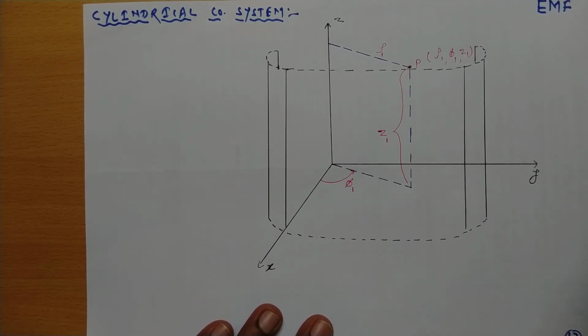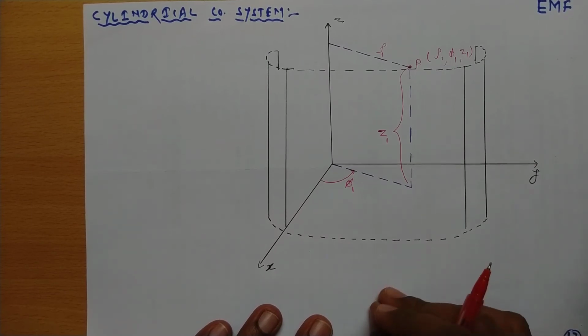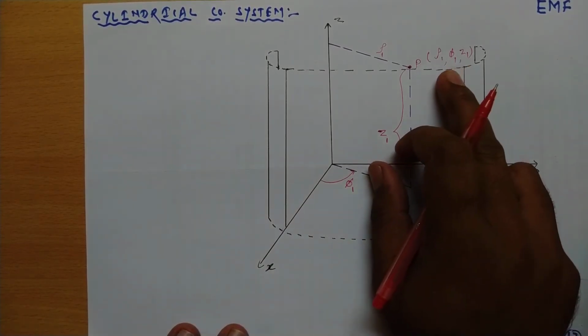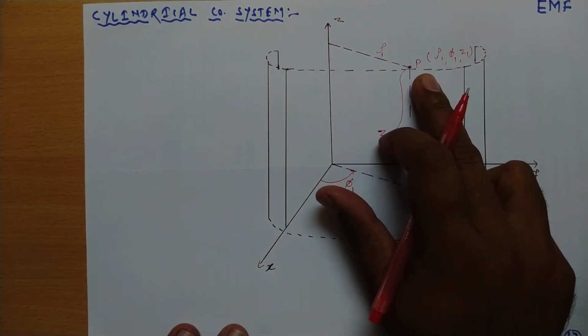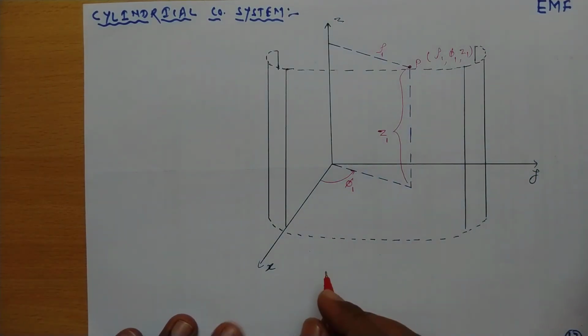The next thing we can see here: as we know the coordinates of the cylindrical coordinate system, I can define its vector.